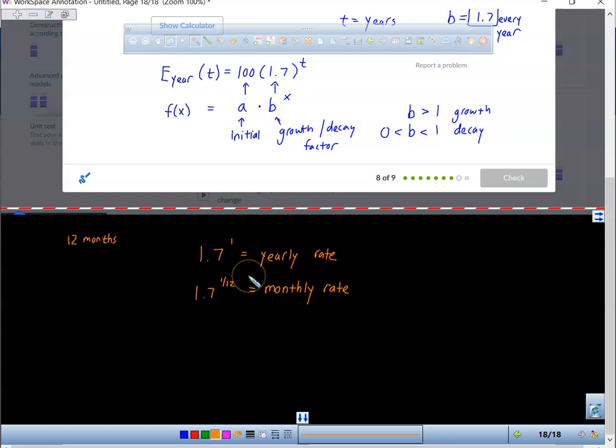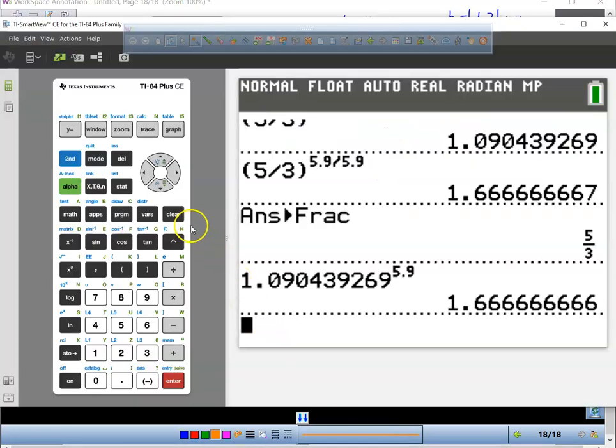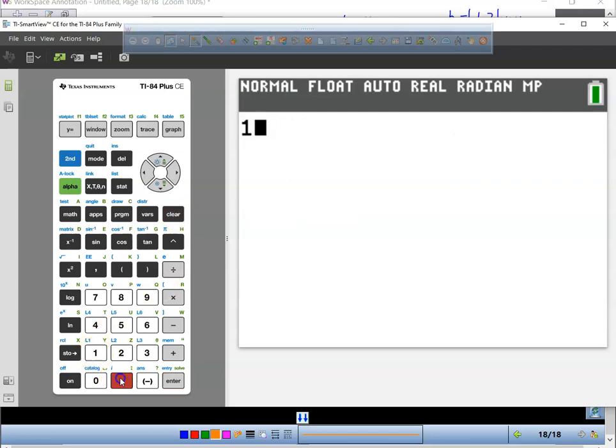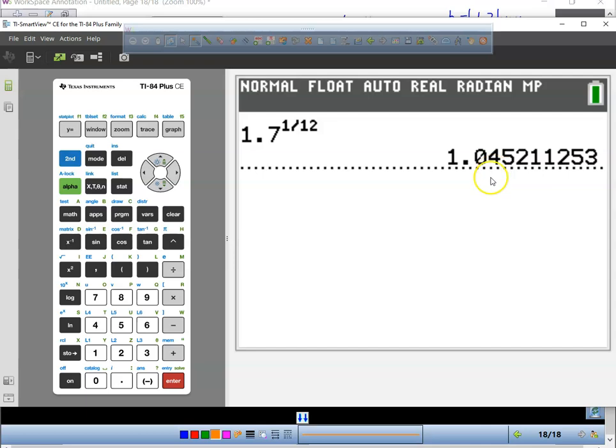Why did I put 1 over 12? Because a month is 1/12 of a year. So check this out. Get your calculator, see if I can prove it to you. If I have 1.7 and I raise that to the power of 1/12, you get this decimal.